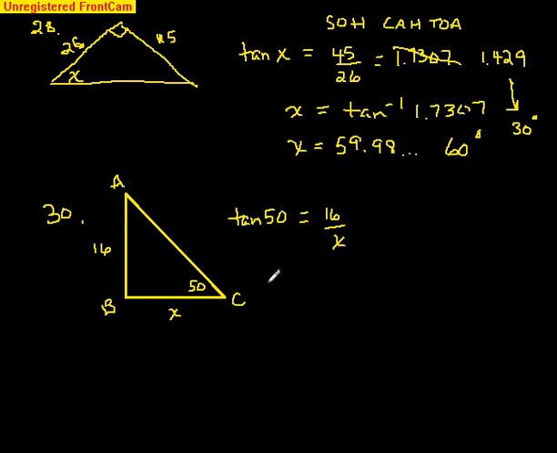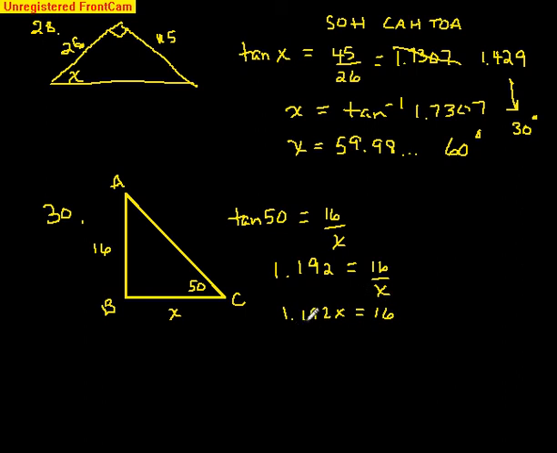And you just plop tangent of 50 into your calculator, and you get 1.192, if I round it. So 1.192 times x equals 16, and then I'm going to divide both sides by 1.192.